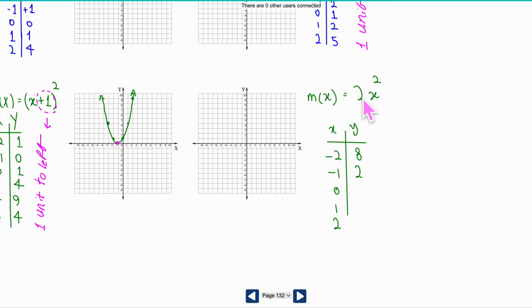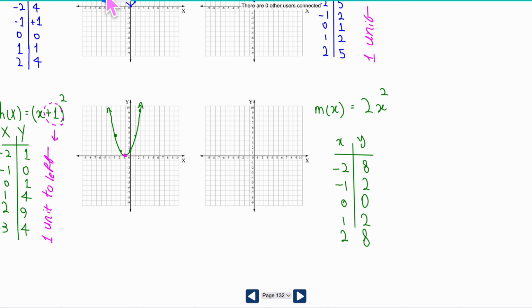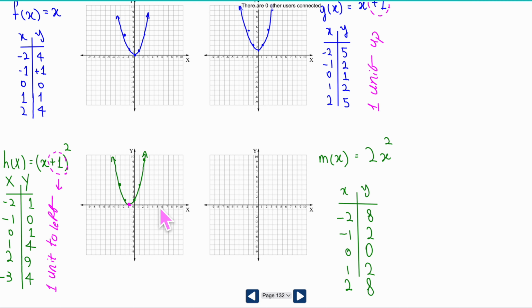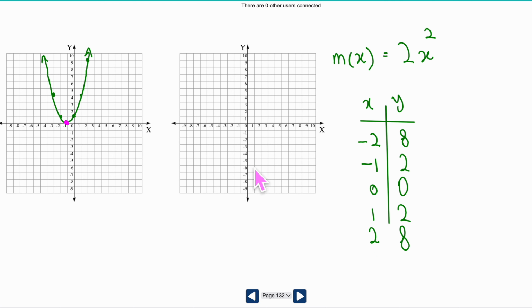Even squared or even multiplied by 2 is still 0. 1 squared is 1, multiplied by 2 is 2. And 2 squared is 4, multiplied by 2 is 8. We can see the same values for y, which we do expect because we have seen before our graphs are symmetrical. Excellent, let's plug them in.